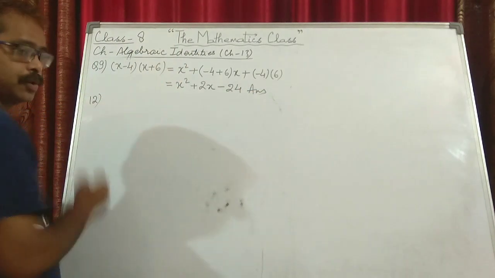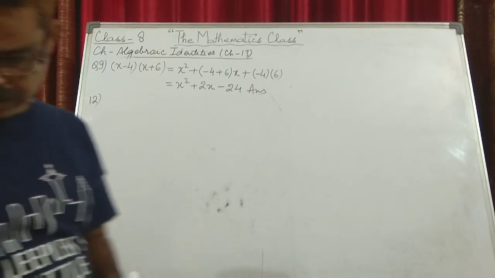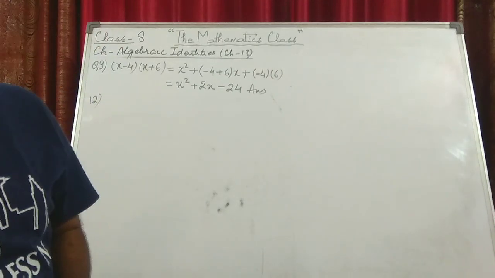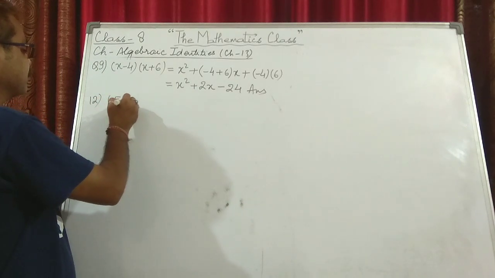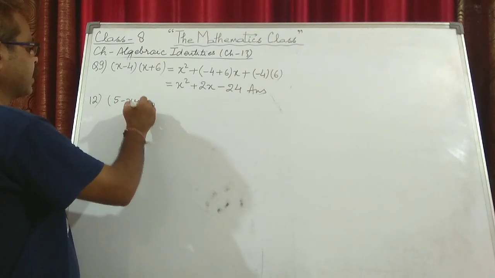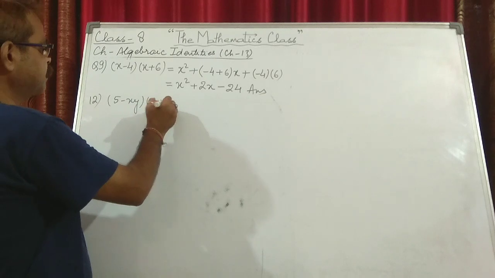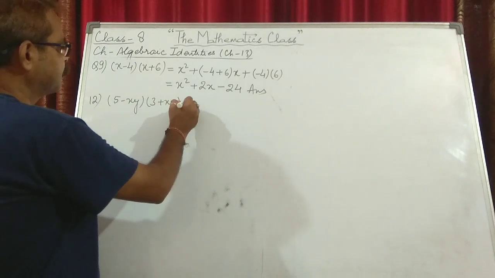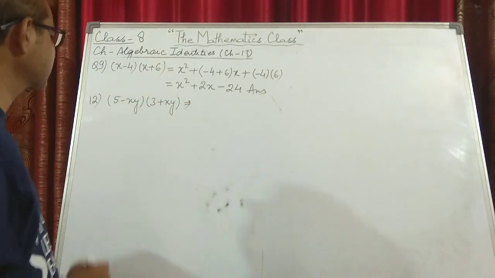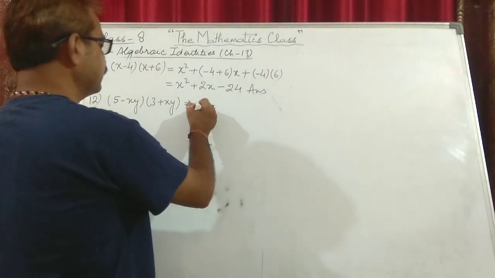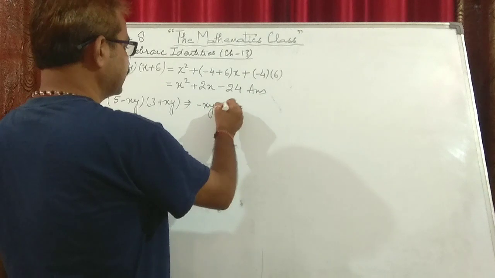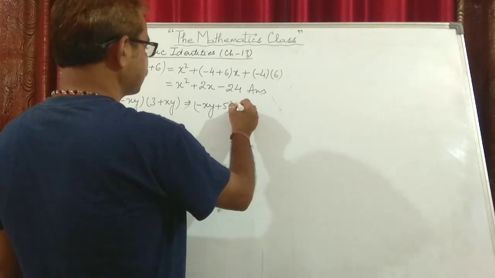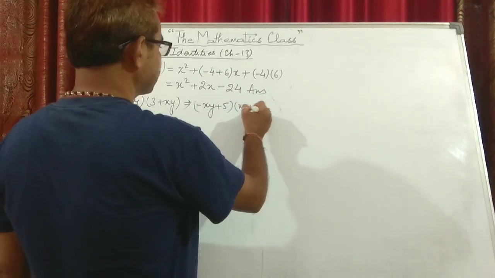Now we move on to the 12th question. The 12th question is (5 - xy)(3 + xy). If you want, you can write this as (-xy + 5)(xy + 3).